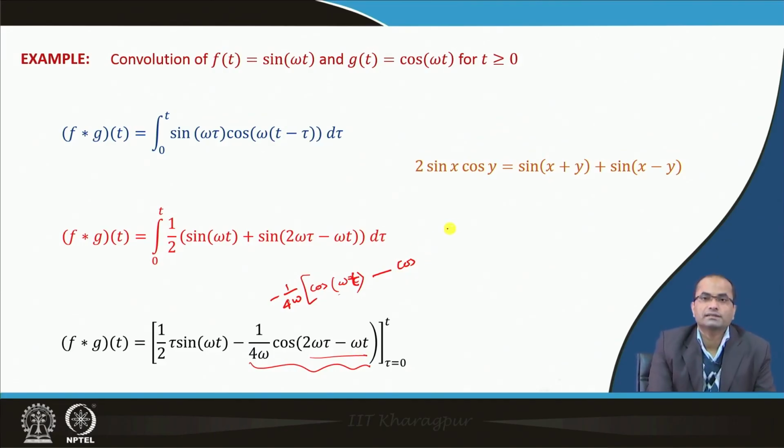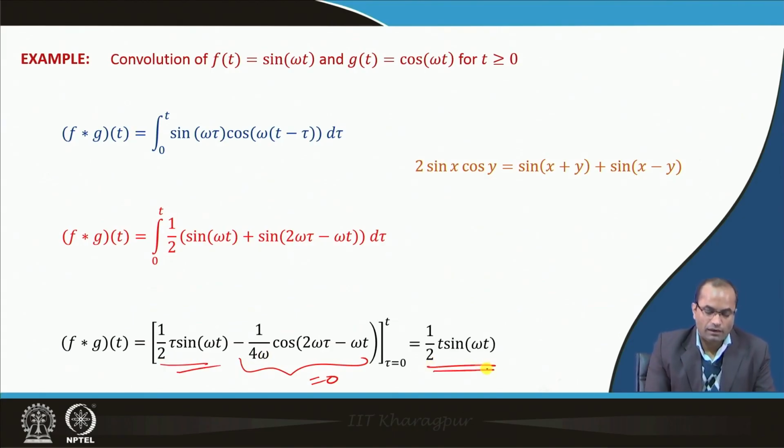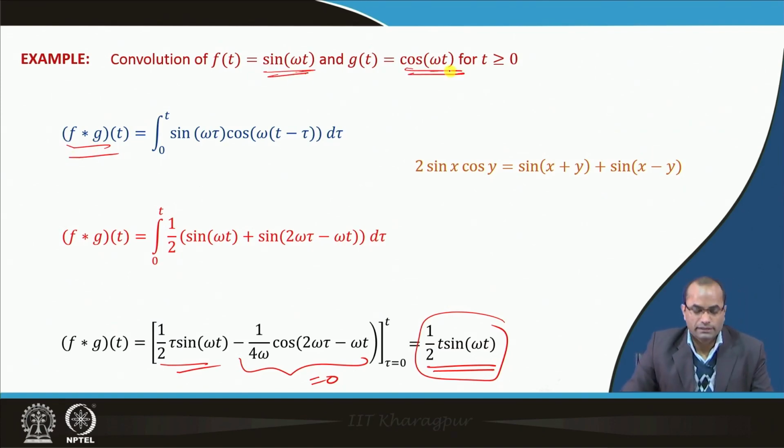So, cos of minus x is equal to cos x. Here again we have cos omega t and they will cancel. So, there will be no contribution from the second term, and we will have only the first term there. That means the value will be half t sin omega t. So, that is the convolution product of these two functions, sin omega t and cos omega t.